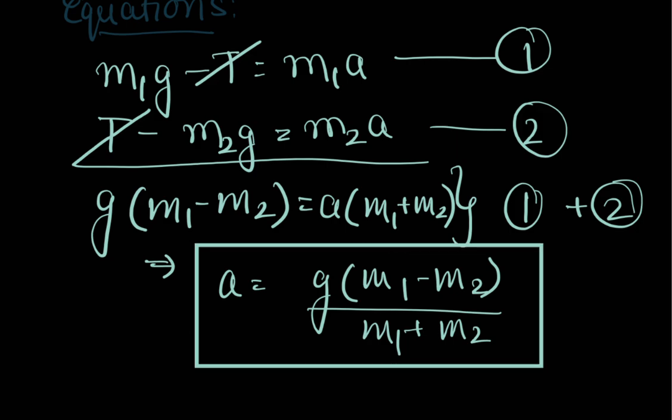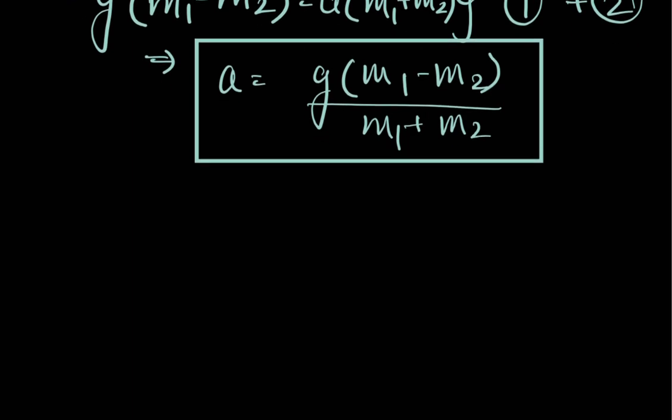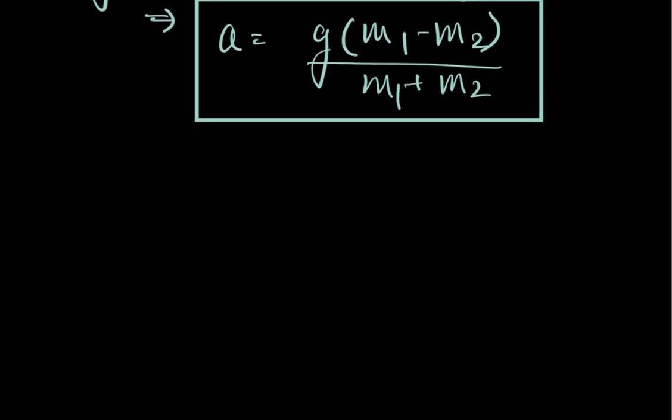Okay, so this is our acceleration. Can we find the tension as well? Yes, we can. We get it from our first equation, m1g minus T is equal to m1a.